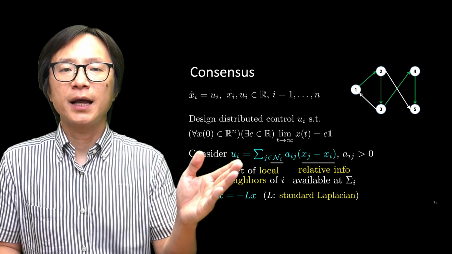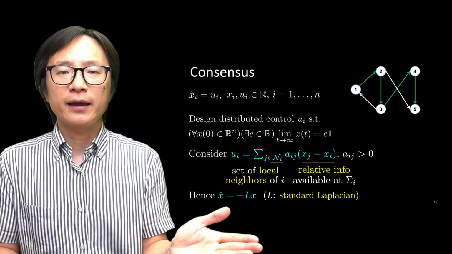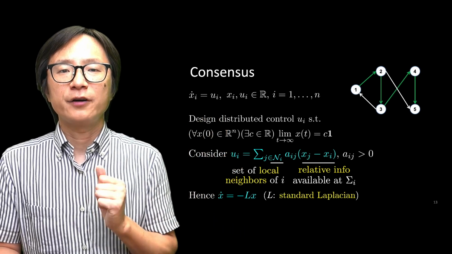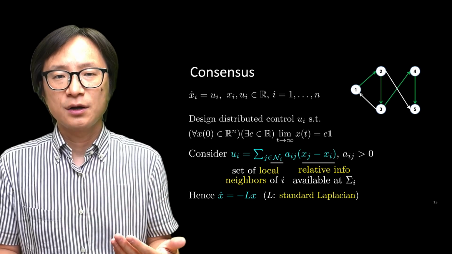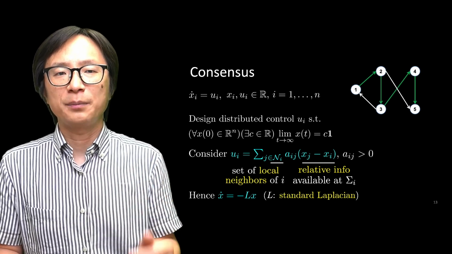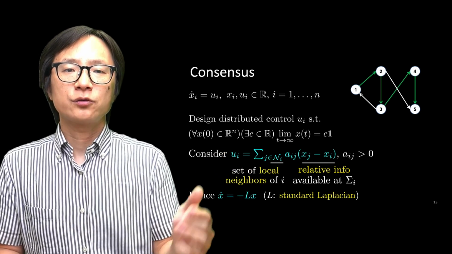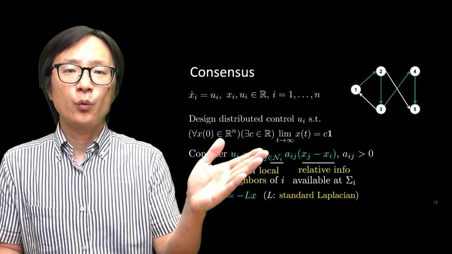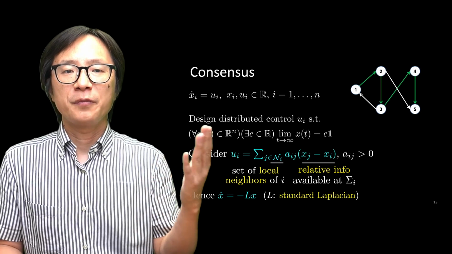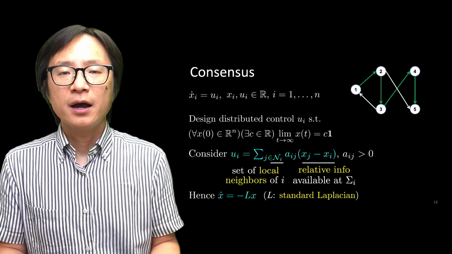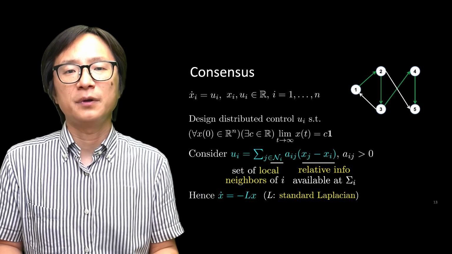So now if we plug this ui back into the dynamics equation and stack them up, we can get this compact differential equation: x dot is equal to minus Lx, where this L is the standard Laplacian. Why? Because here in this distributed control ui, we consider the weights Aij to be positive. So these positive weights Aij give rise to the type of Laplacian which is the standard type Laplacian.